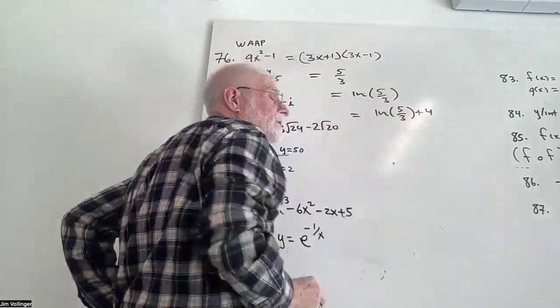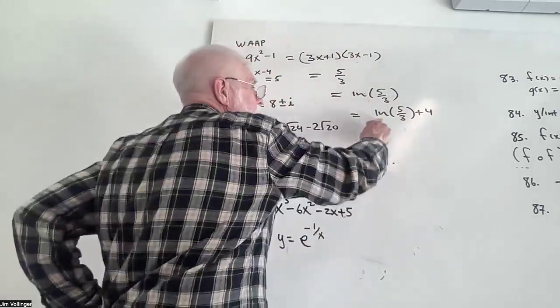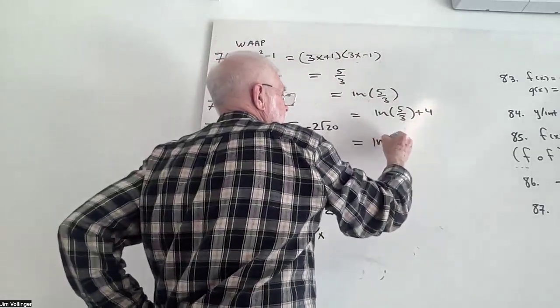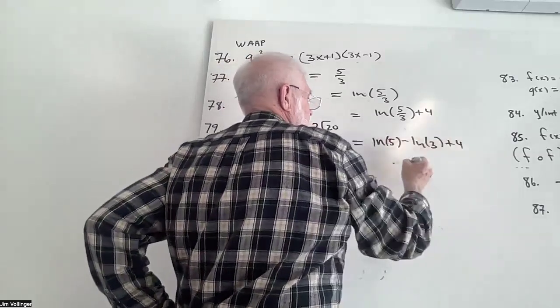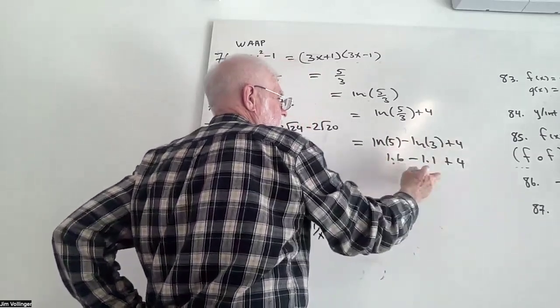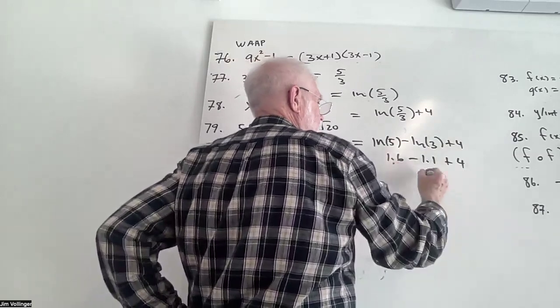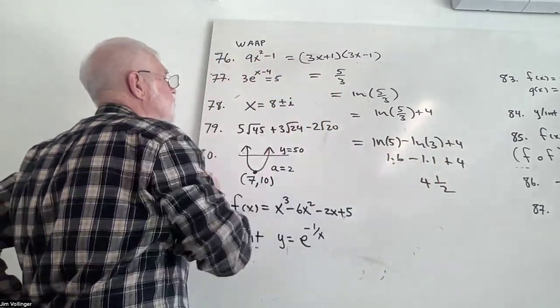Let's use the rules of logs this time to get an approximation. ln of 5/3 is the same thing as the ln of 5 minus the ln of 3 plus 4. Well, that's 1.6 minus 1.1 plus 4, so that's 0.5 plus 4, 4.5 is an approximation for the answer to that question.